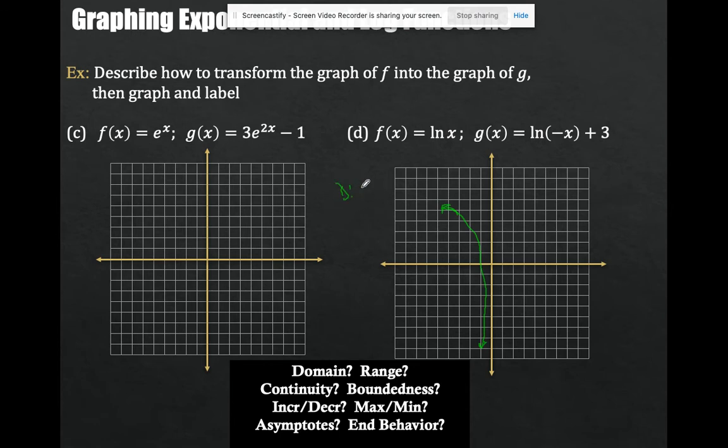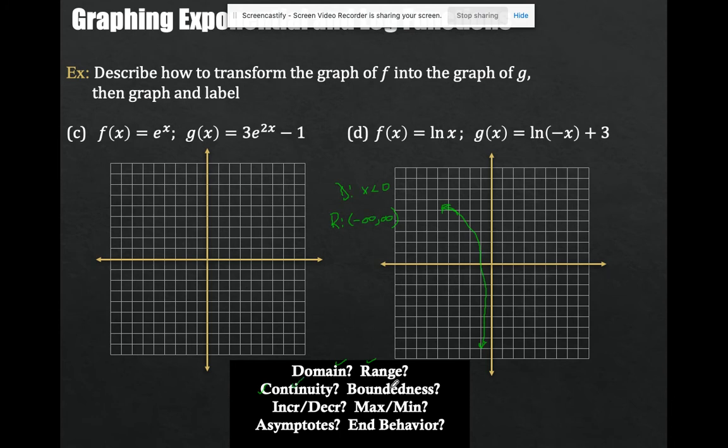So the domain is x is less than 0, and the range is all real numbers. Continuous, yes, right? Remember, continuity is asking if your domain is broken. My domain is not broken. Here's my domain, and it is not broken. It is smooth. This function is smooth and continuous once the domain starts.